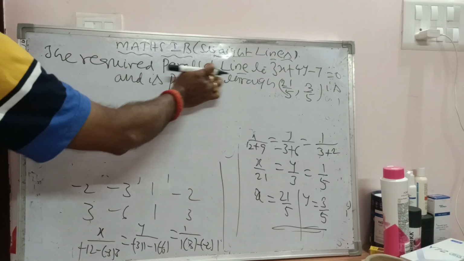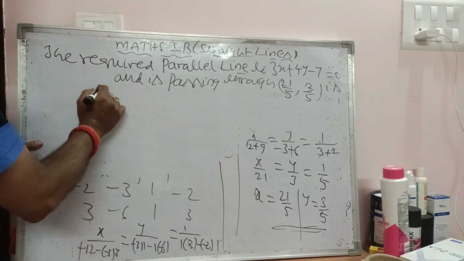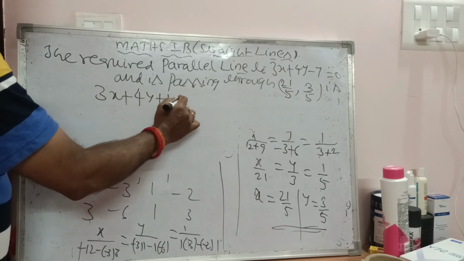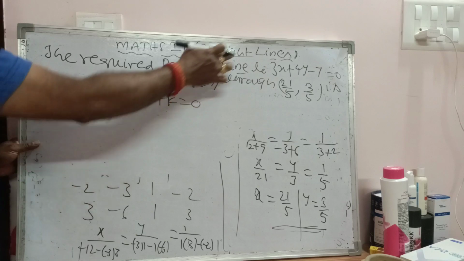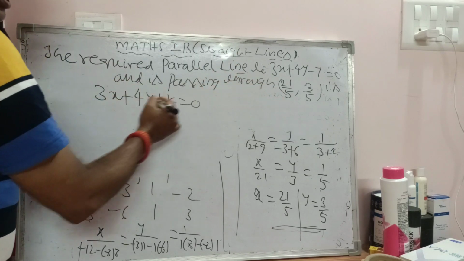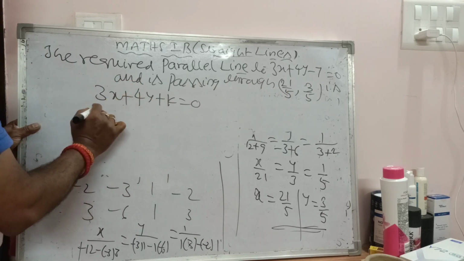The required line parallel to 3x plus 4y minus 7 is equal to 0 and passing through 21 by 5 comma 3 by 5 is 3x plus 4y plus k is equal to 0, because these two lines are parallel. Therefore, their slopes are equal. Once we substitute this point here, we will get the parallel line.